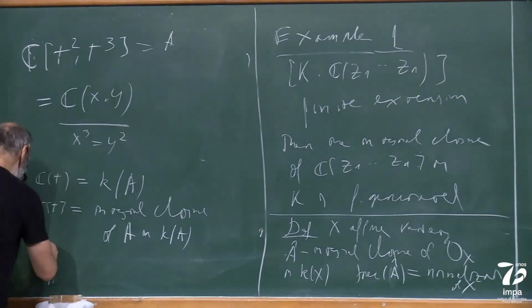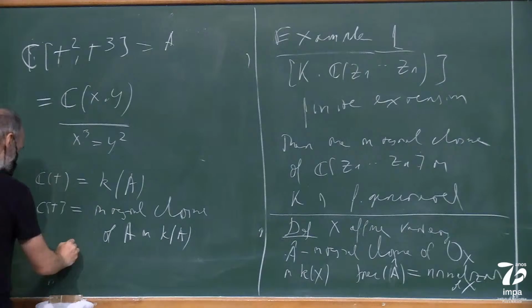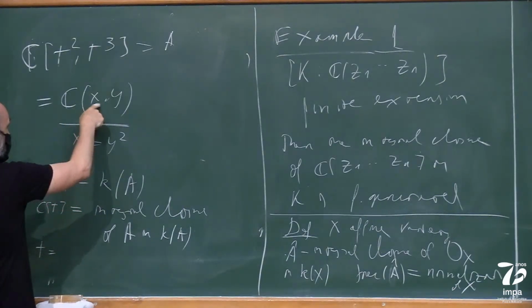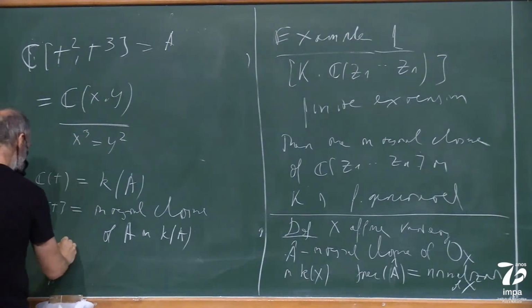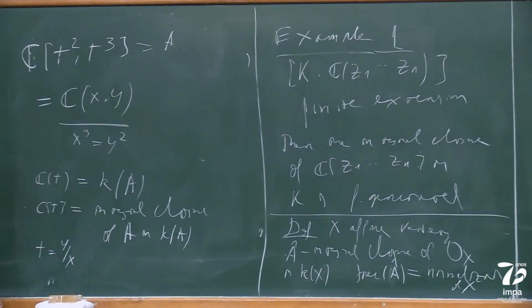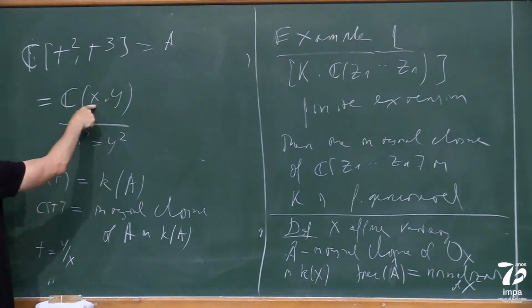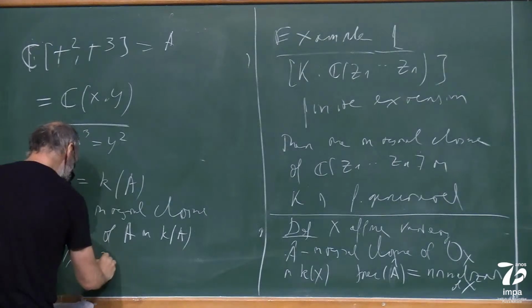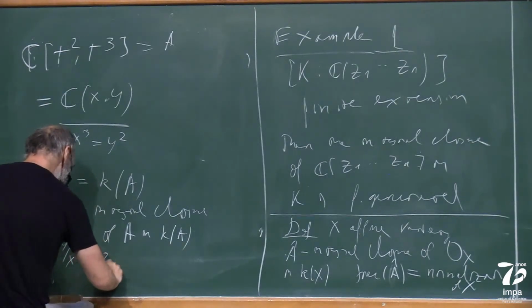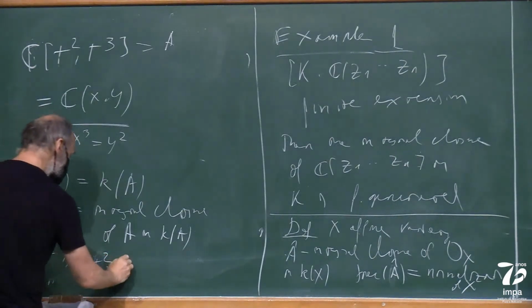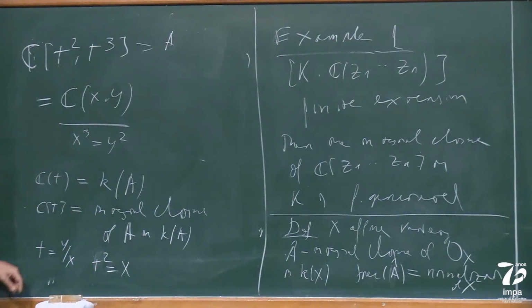But then T is equal to Y by X. It's this generated by this generated, and then T squared is equal to X. So T is a root of a monic polynomial, and it belongs to the field of fractions.